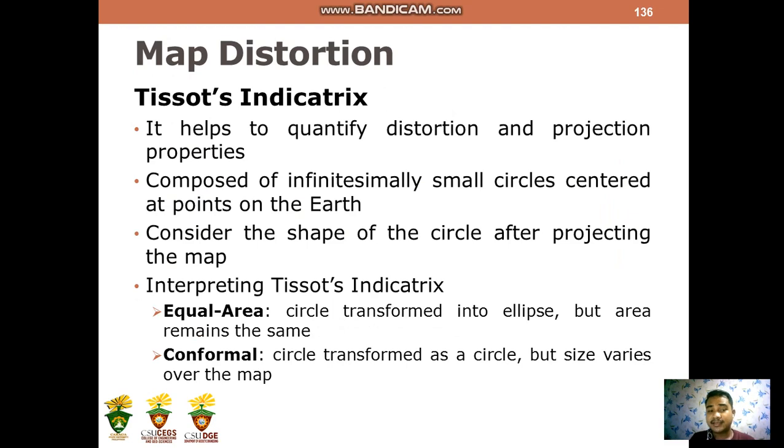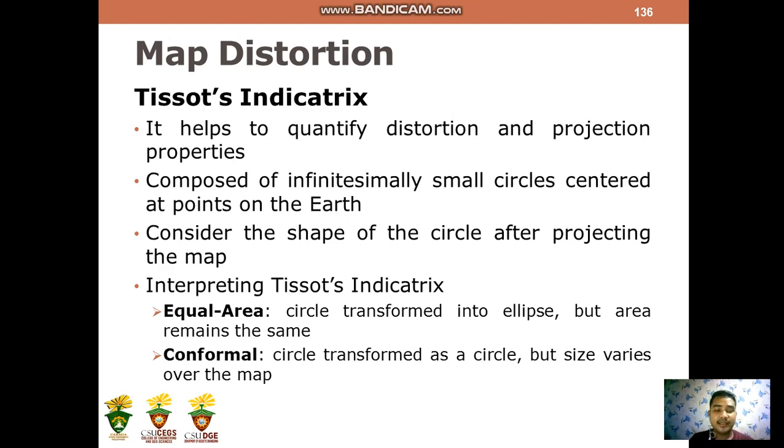And introducing Tissot's indicatrix. It helps to quantify the distortion and projection properties, and is composed of infinitesimally small circles centered at points on the Earth. We consider the shape of the circle after projecting onto a map.